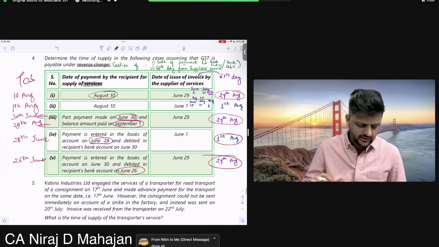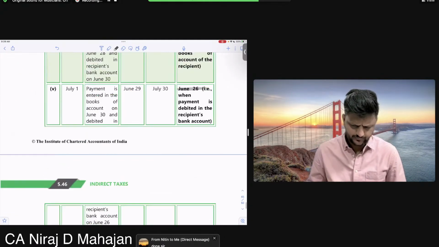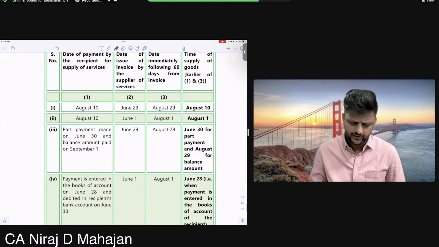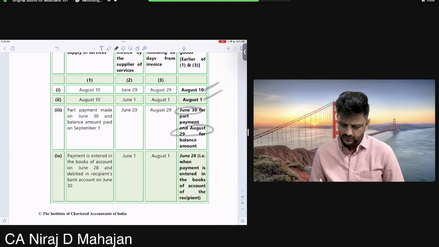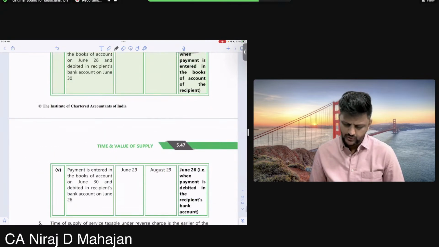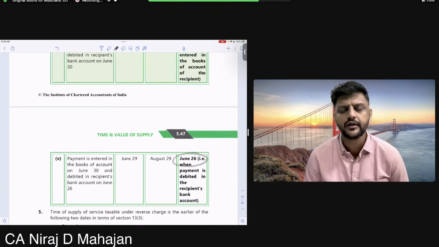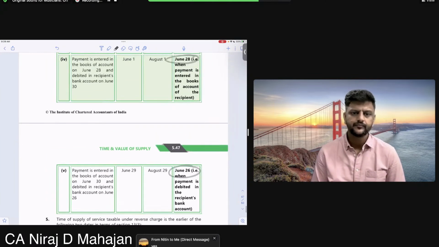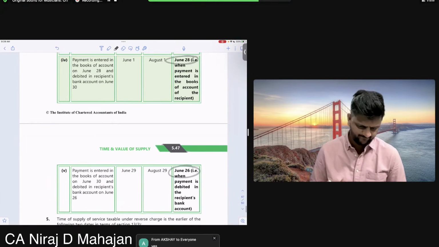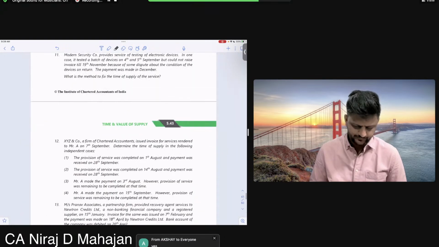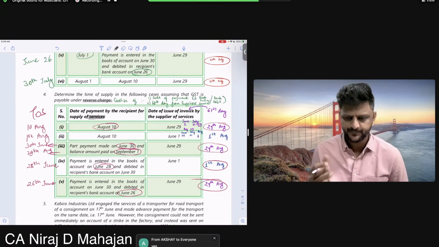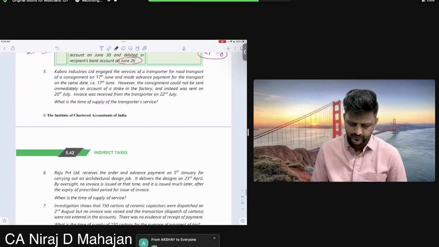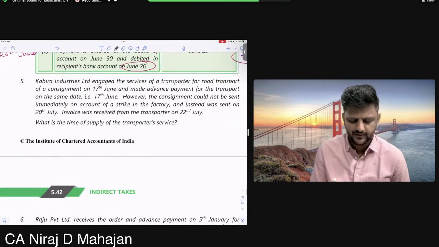Just tell me whether our answers are correct. 10th August, 1st August, 30th June, 29th August, 28th June, 26th June. All of it okay? Correct or not? Tell me. Fantastic. Nice. Good. So if your law is correct and lots of practice also happens, then obviously you are on the correct path. That's why I'm taking almost word by word everything here.